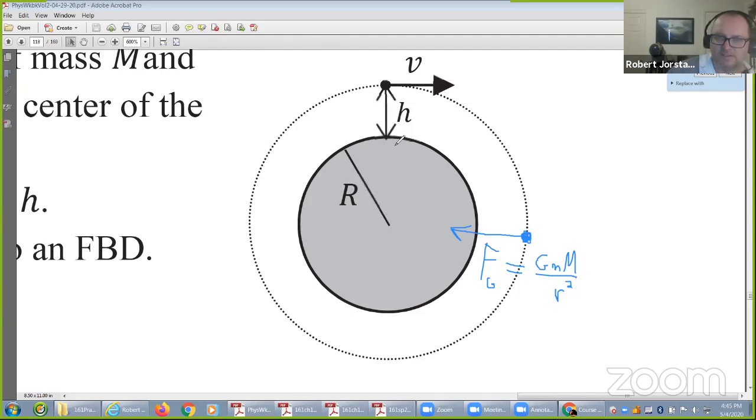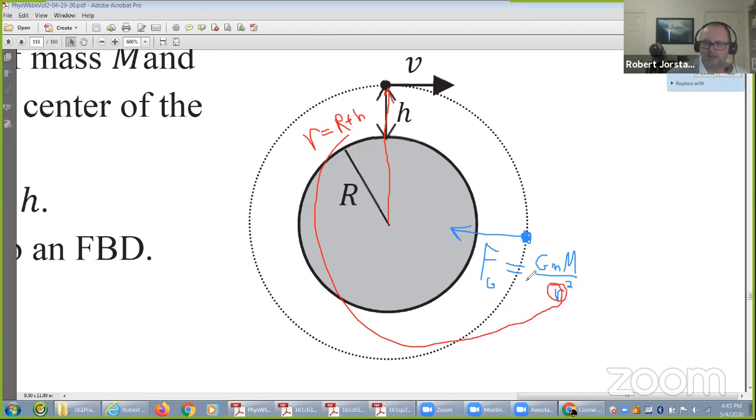And notice, because of this weird problem here, little r is in this case capital R plus the altitude. So normally we talk about your altitude for flying objects. So in this case, your altitude is not what you plug in. You got to plug in all of that junk right there.